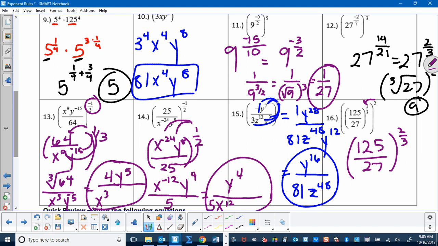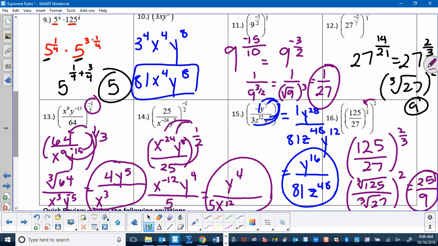What would you do first? Cube root everything. So it would be the cube root of 125 over the cube root of 27, all to the 2nd power. The cube root of 125 is 5 squared, 25. Cube root of 27? 3 squared. Final answer.